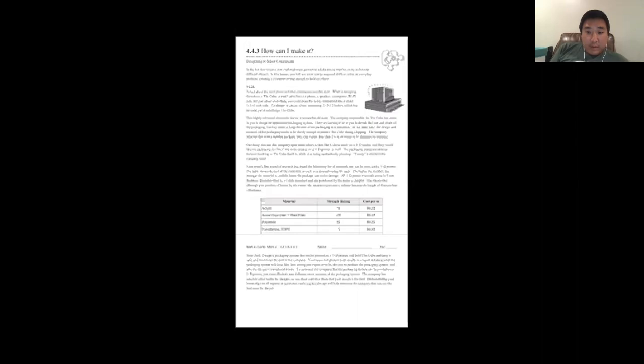So if acrylic is used, it costs... Sorry, the total area is 2.25 times 1.75 times 4 plus 2 times 2.25 squared, which is 25 point something, and then you divide that by the number of feet per square meter.